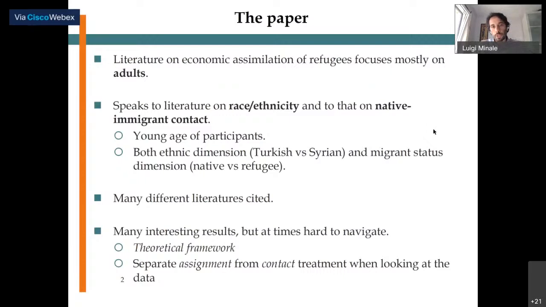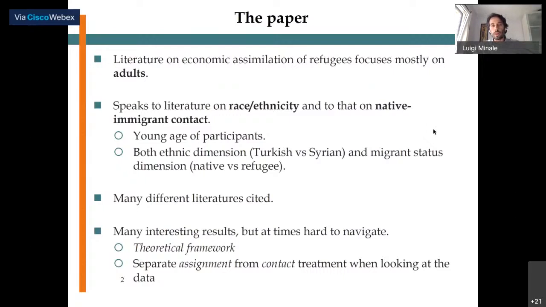What is special about the paper I'm discussing is that the participants in the experiment are very young. So this is, I think, unique. Although they use this randomized controlled trial methodology, the paper probably talks more directly to the native-immigrant contact literature.